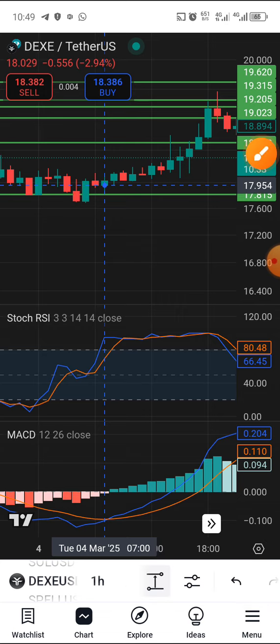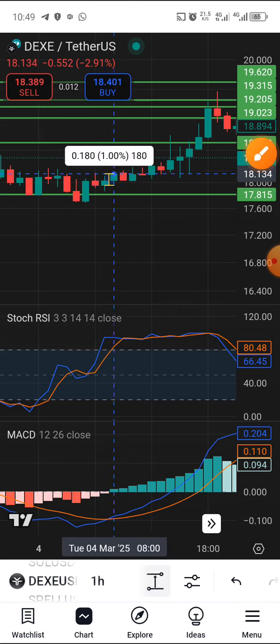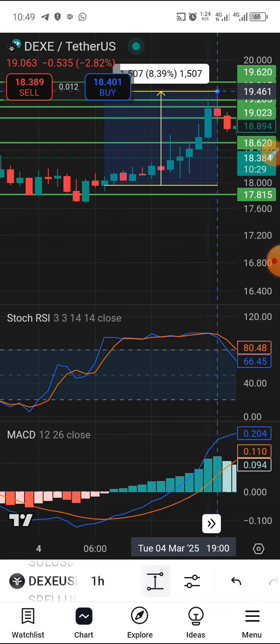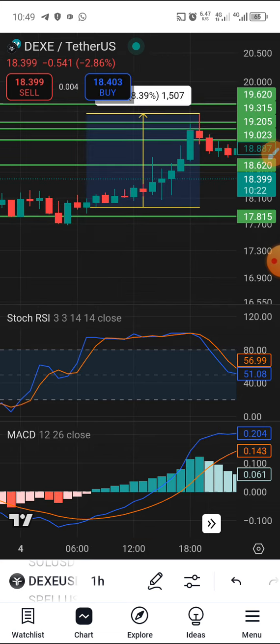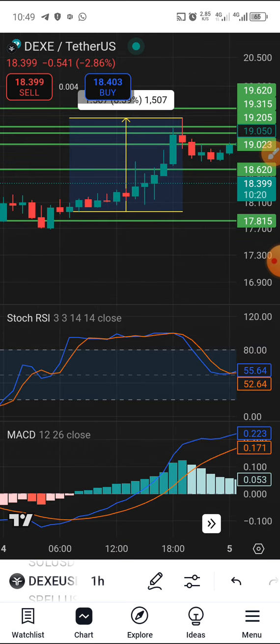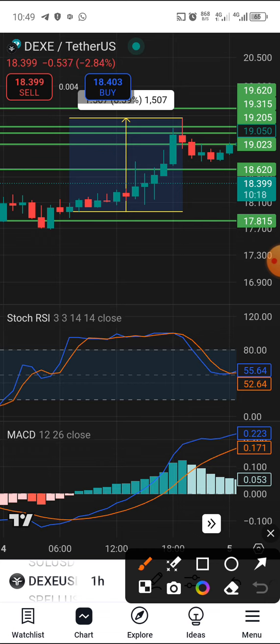So we measure from that point up to there, you see. From this point here up to this point here.